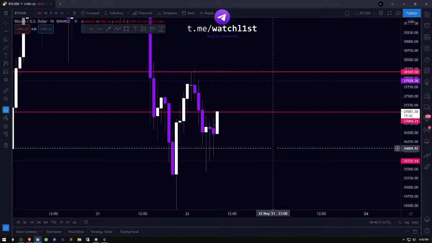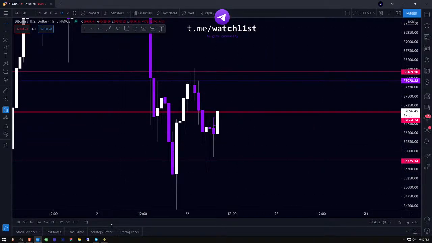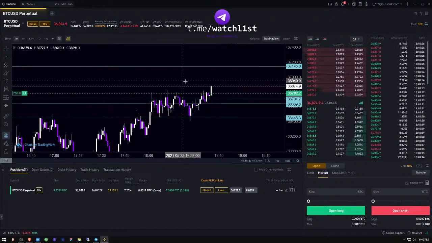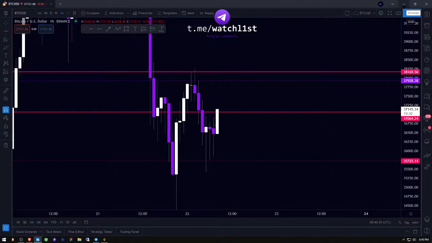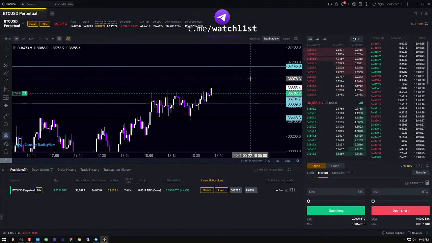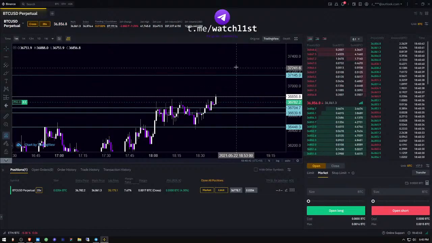We know if it closes or breaks above this price, we are in fact going up. And I guess we are going up a little bit. And it's as easy as that. There's literally no rocket science to it.